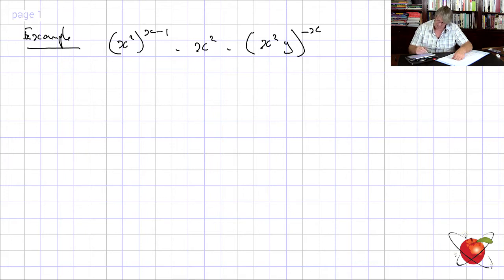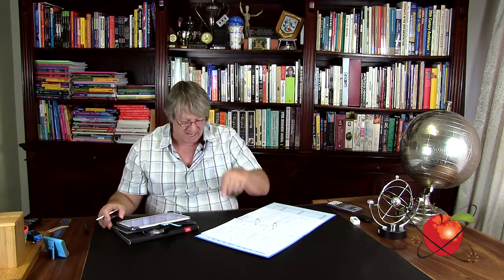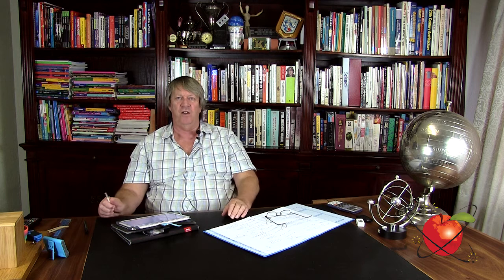And underneath we've got y to the minus x, and in brackets x y to the minus 3x. Can you see the bases over here? All the bases are x's. So we've got x in the base and x in the exponent.